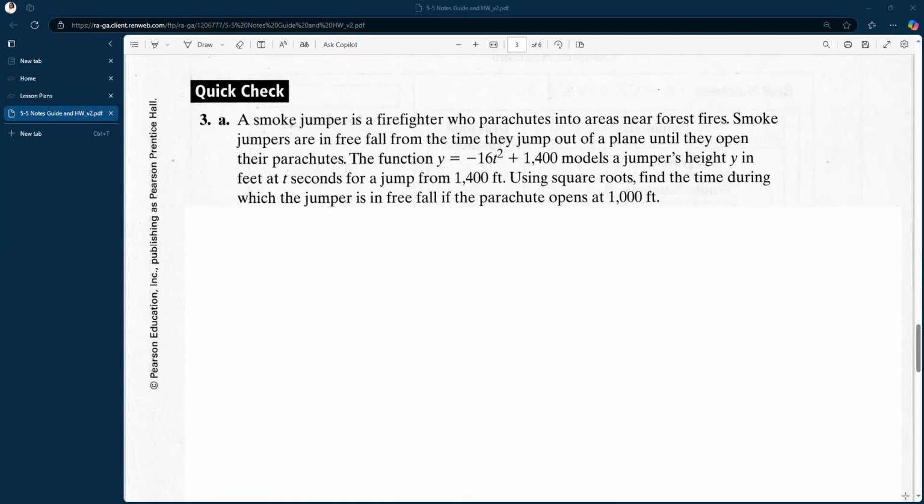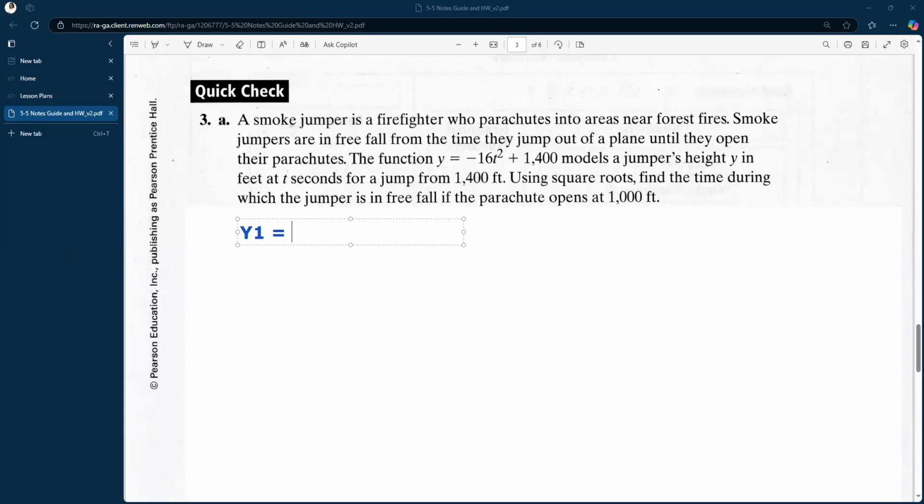We are given the equation that we are going to analyze. y equals negative 16 t squared plus 1400. We want to find what is happening when the height, or y, is 1,000. In your calculator, you would have two functions.